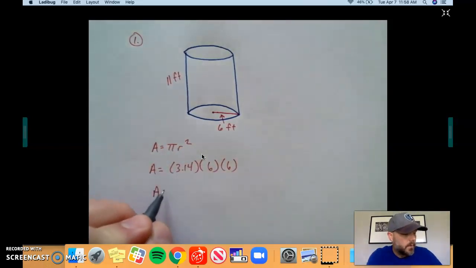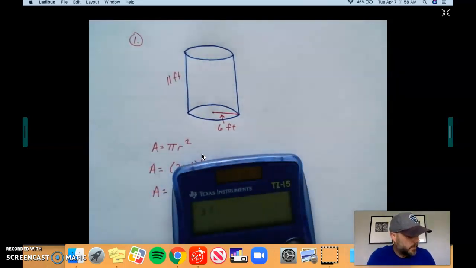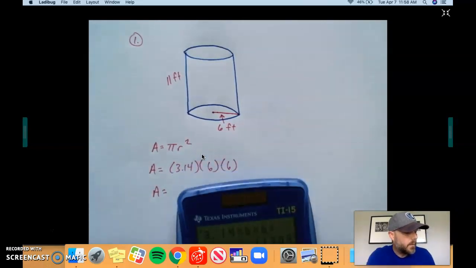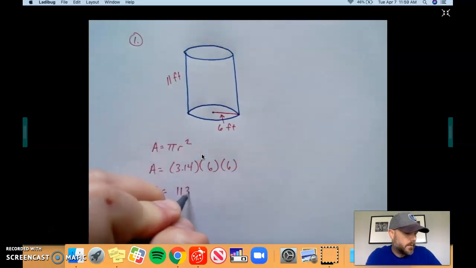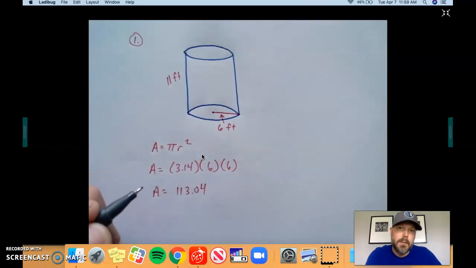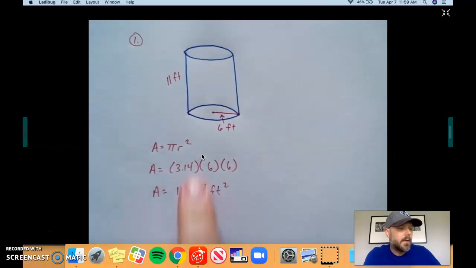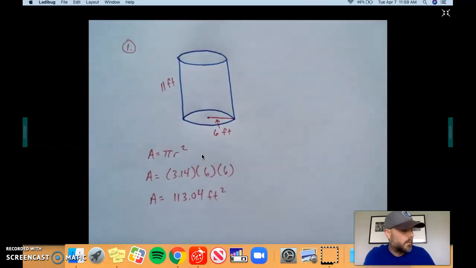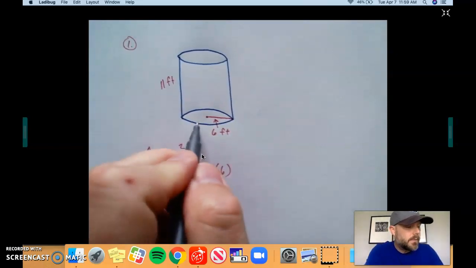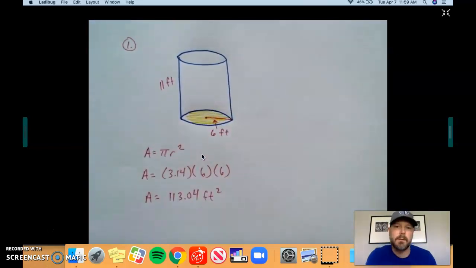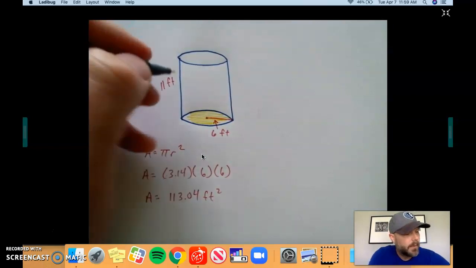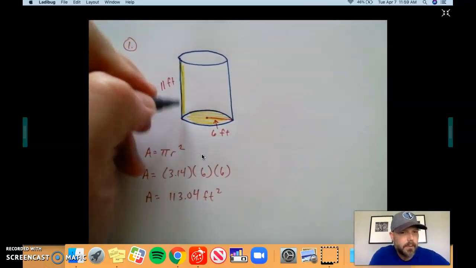All right. So when I put that in my calculator, 3.14 times 6 times 6, I get 113.04 or 113 and 4 hundredths. Okay. But this is the area of the circle. I don't want area, we're finding volume, but we have to start with that area, okay? So we just found the area of that circle, but now we need to multiply that by the height because it's a three-dimensional shape.